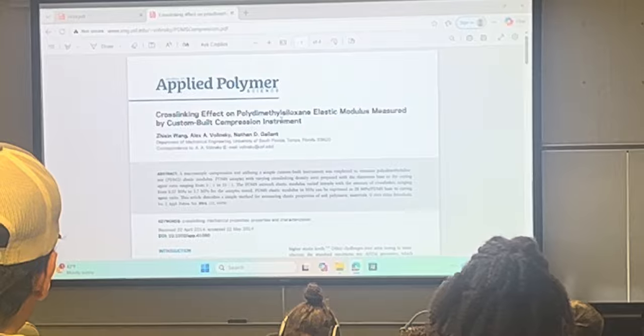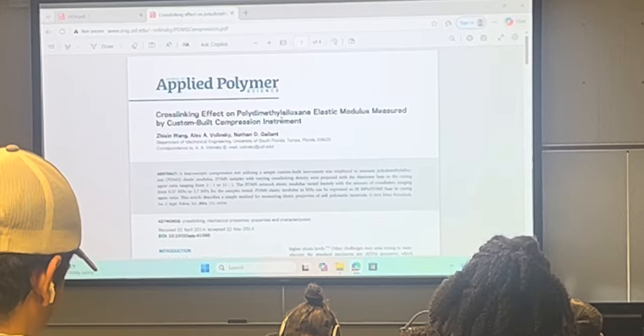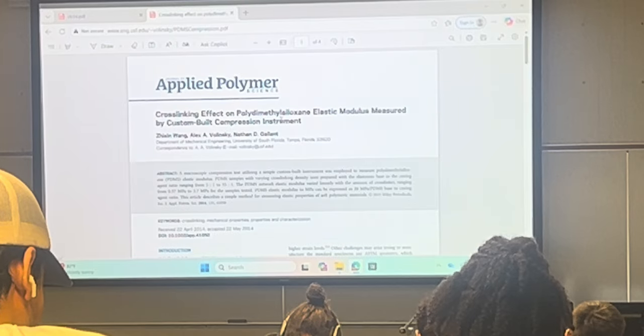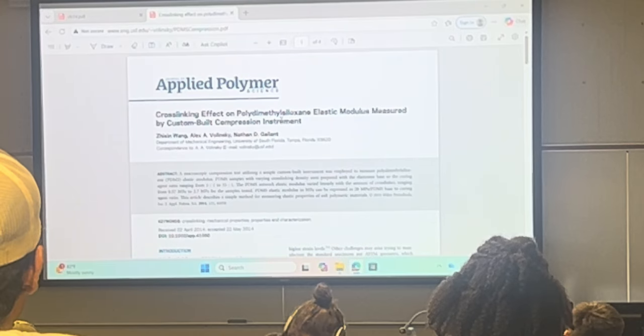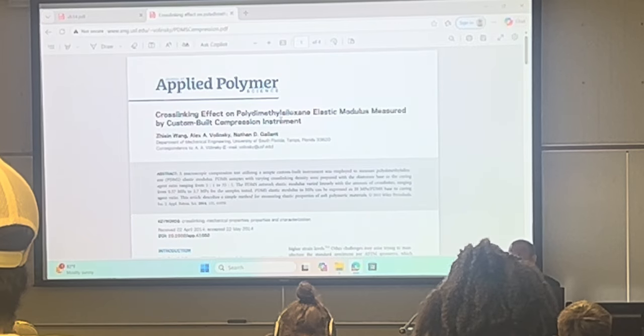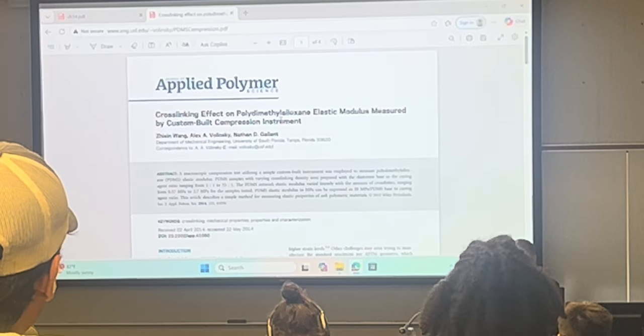Polydimethylsiloxane, PDMS. What's the other common term that's used for this material, if anybody knows? Silicone. Caulk for windows and such.